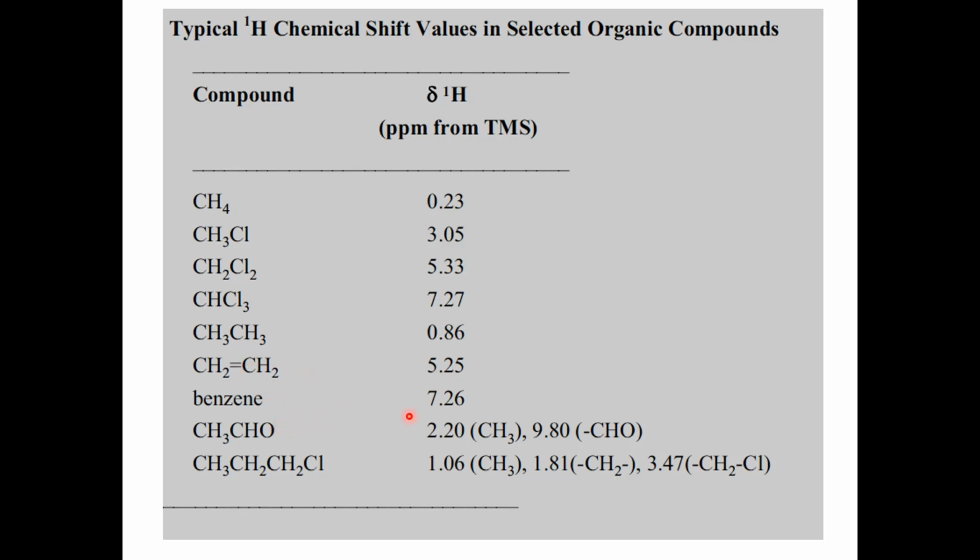And in benzene, as I said before, the aromatic protons resonate around 7.56 ppm. The aldehyde proton is also de-shielded by the anisotropic effect. The effect of the chlorine as a substituent, in this example propyl chloride, decreases with distance. The methyl group appears at 1.03 ppm, very little effect, whereas the methylene resonates at 1.81, and the one directly attached to the chlorine resonates at 3.47 ppm.